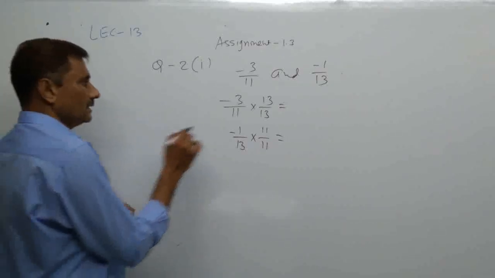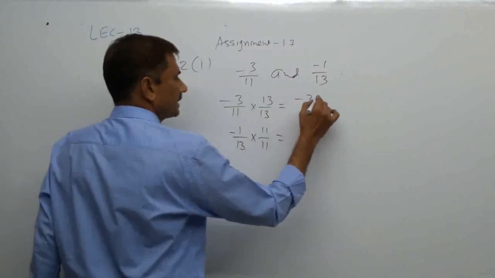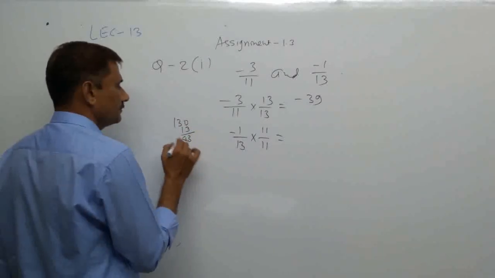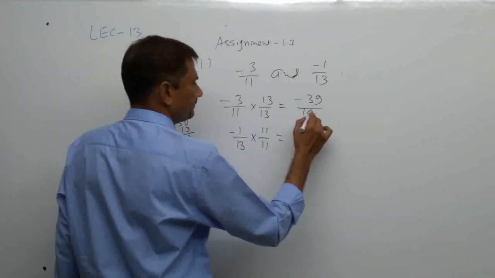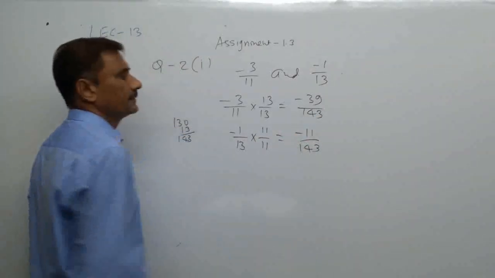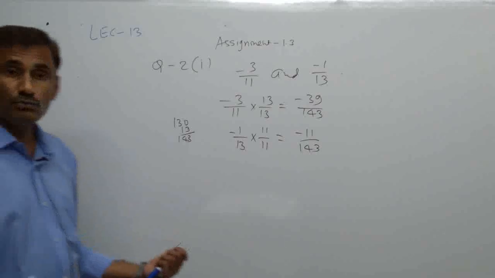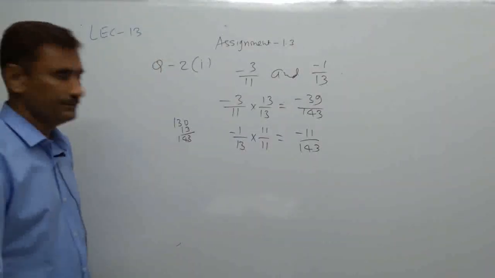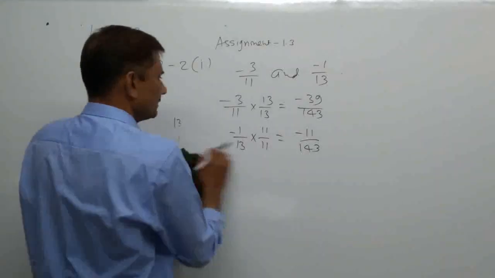So it will be minus 39 over 143 and minus 11 over 143. Between minus 11 and minus 39, so many numbers are there. Whatever you want, you can give. I am just starting from here.